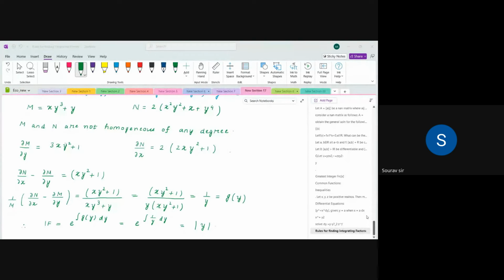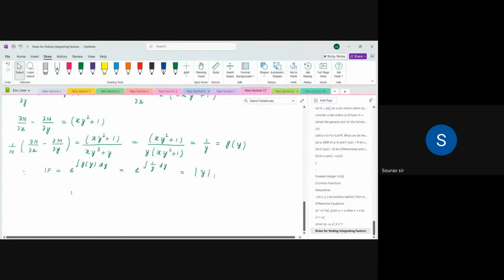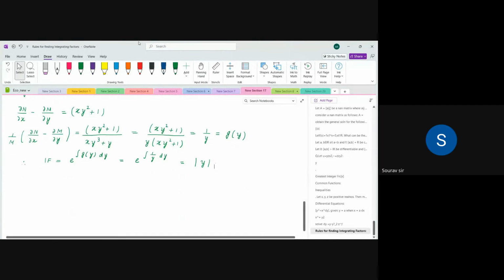Okay. So if this is fine with all of you, let's move on to the next question. Sir, if it comes as constant, then which one to apply, function of x or function of y?